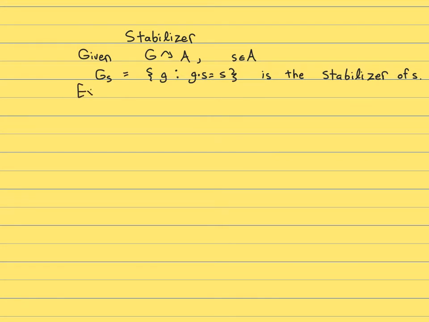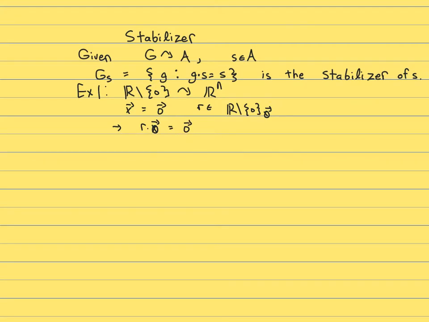And so as an example, let's pick our example from earlier of the real numbers acting on R^n. And let's pick x to be the all zero vector first. Well, what does it mean for r to be in the stabilizer? Well, it means that r dot the x vector, in this case the zero vector, is the zero vector.